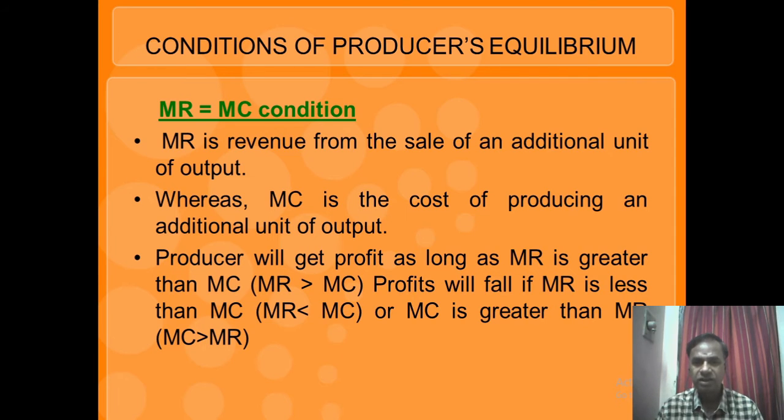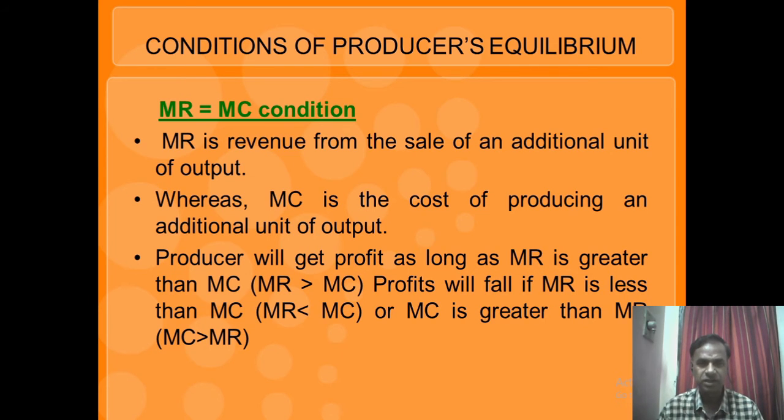Profit will fall if MR is less than MC. If revenue is less than cost, naturally the profit will decrease. Or if MC is greater than MR, marginal cost is more than MR, again the profit will reduce.